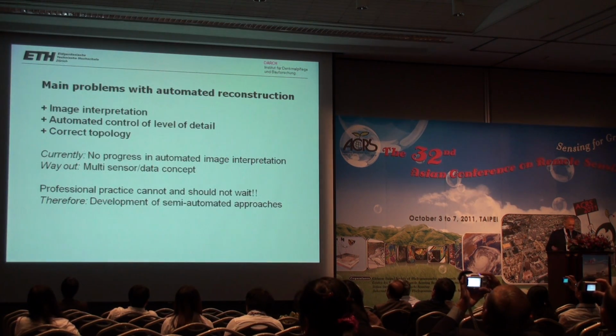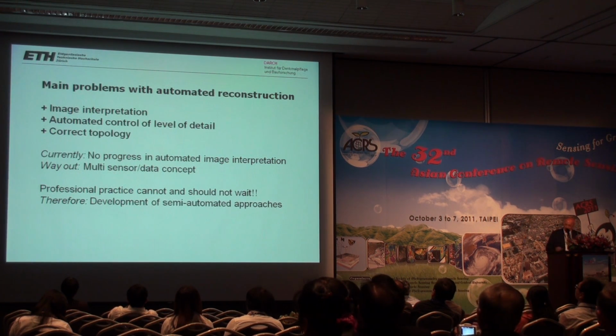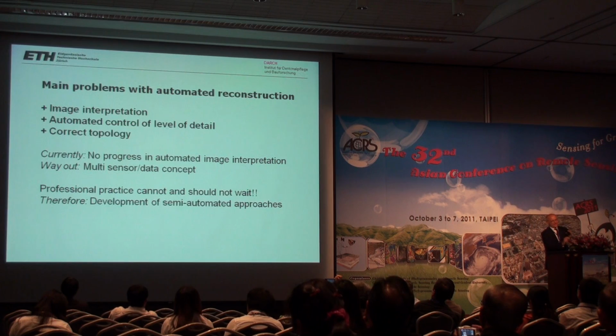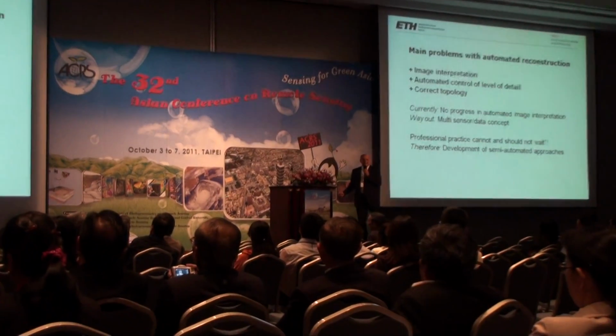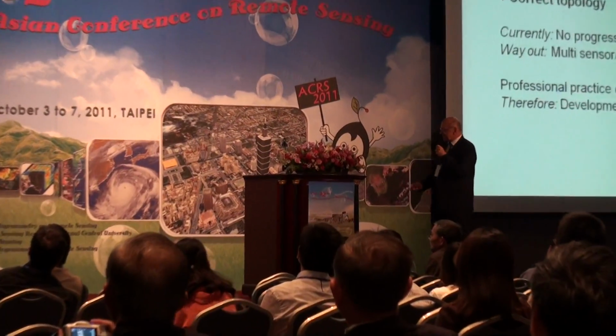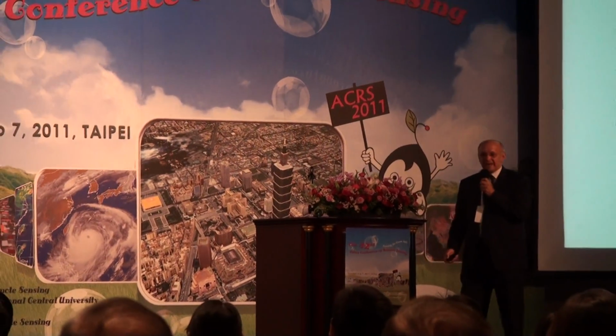The main problem is really in image interpretation, automated control of level of detail, and producing the correct topology. If you look at this one, I don't know if you have done it in detail. This looks pretty good from your place. This is a 3D city model, but if you come close, like I do, then you see many problems.